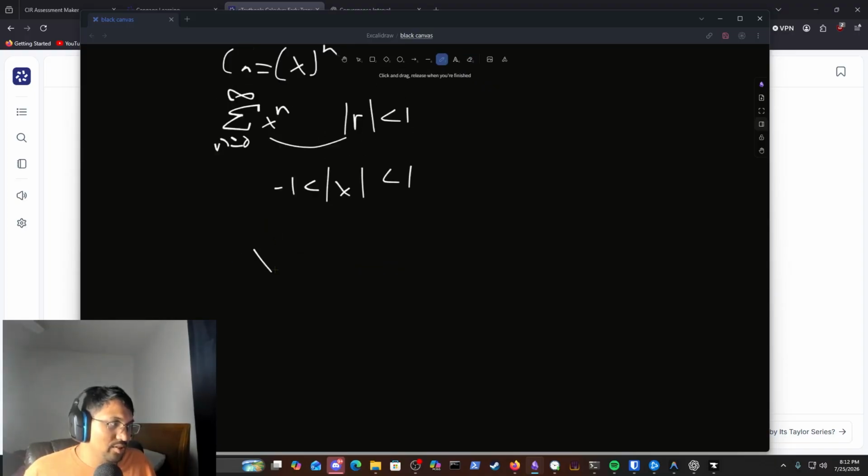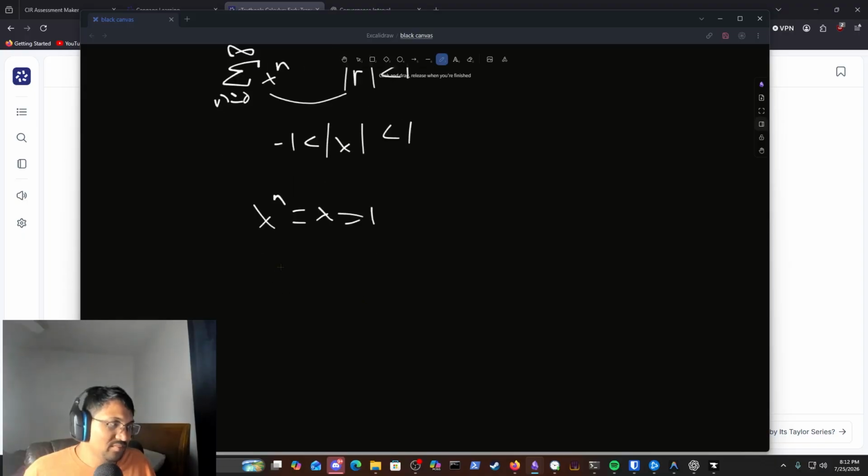And then for x to the n, when x equals 1, 1 to the n, this also doesn't converge to 0, right? The limit of the sequence of the terms does not converge to 0 as n goes to infinity, right? Because we would just be summing 1 forever.